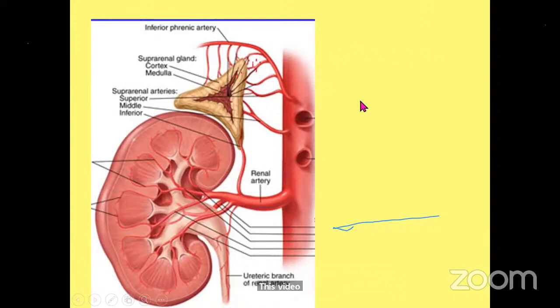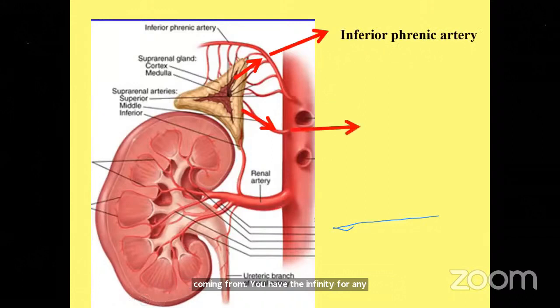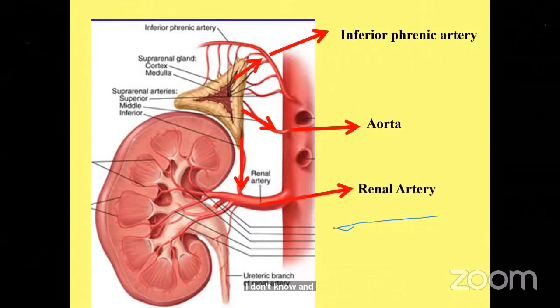Superior suprarenal artery comes from which artery? Inferior phrenic, very good. The middle suprarenal arises from the aorta, and the inferior suprarenal is actually coming from the renal artery.